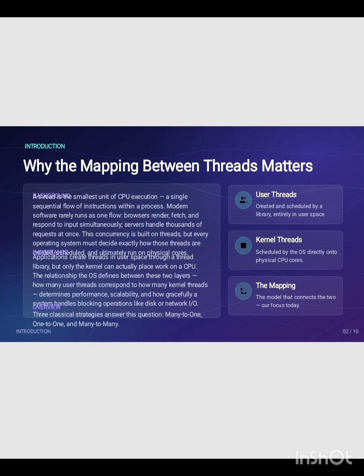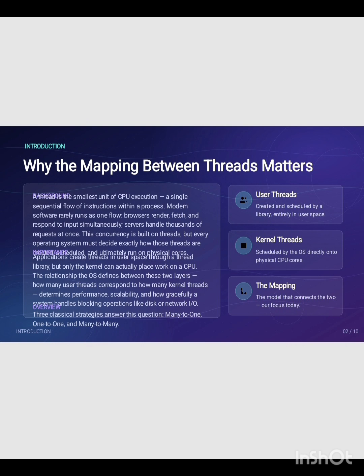Introduction: why the mapping between user threads and kernel threads matters. Background: a thread is the smallest unit of CPU execution, a single sequential flow of instructions within a process. Modern software rarely runs as one flow. Browsers render, fetch, and respond to input simultaneously.